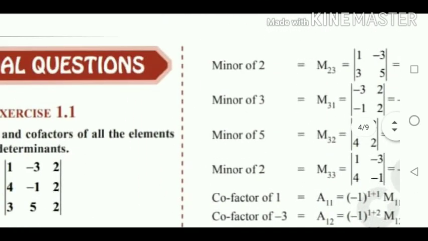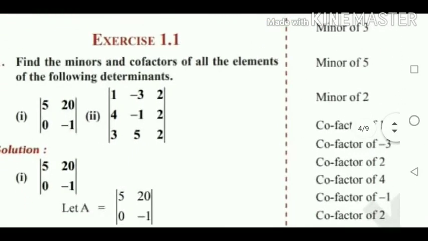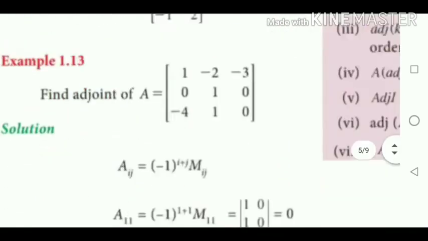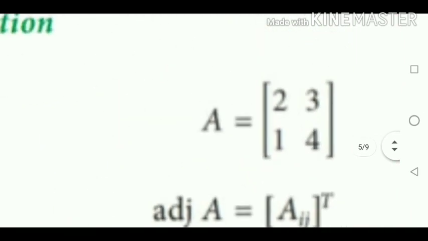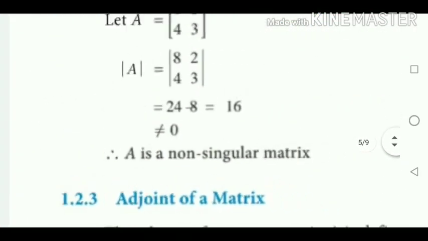Today in the morning session we revised the topics like cofactor, how to find the minor and how to find the cofactor, as well as how to evaluate the value of the determinant. Here we find the value of the determinant by expanding the row.